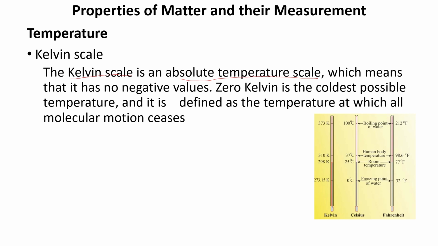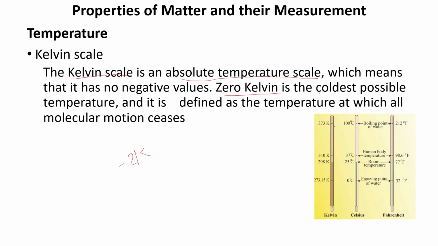You cannot have a negative value of Kelvin, you cannot have -2 Kelvin. 0 Kelvin is the lowest possible cold. For that reason, it is called absolute: the value can never have a minus or negative sign before it.